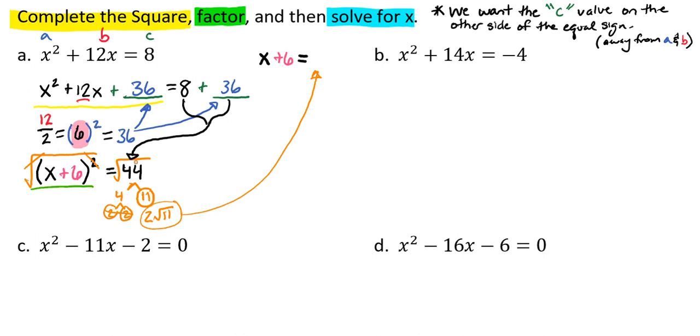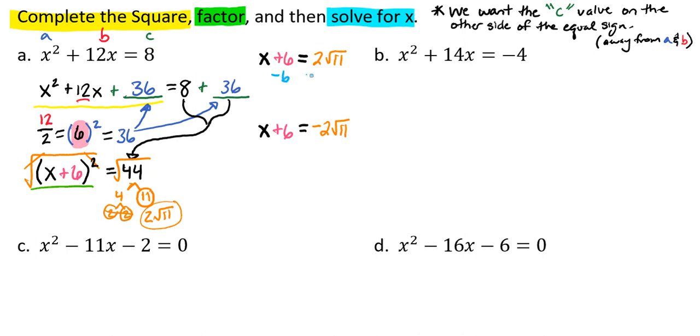But remember, when we take the square root of something, it gives us a positive answer and a negative answer. So sure, I'll have a 2 square root of 11 here, but I also need to have x plus 6 equals a negative 2 radical 11 as well.